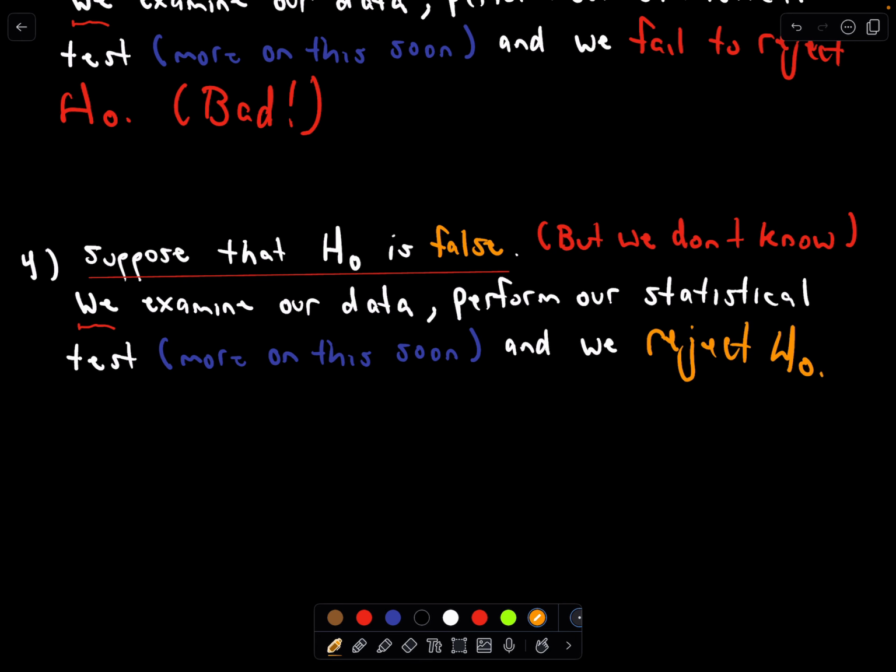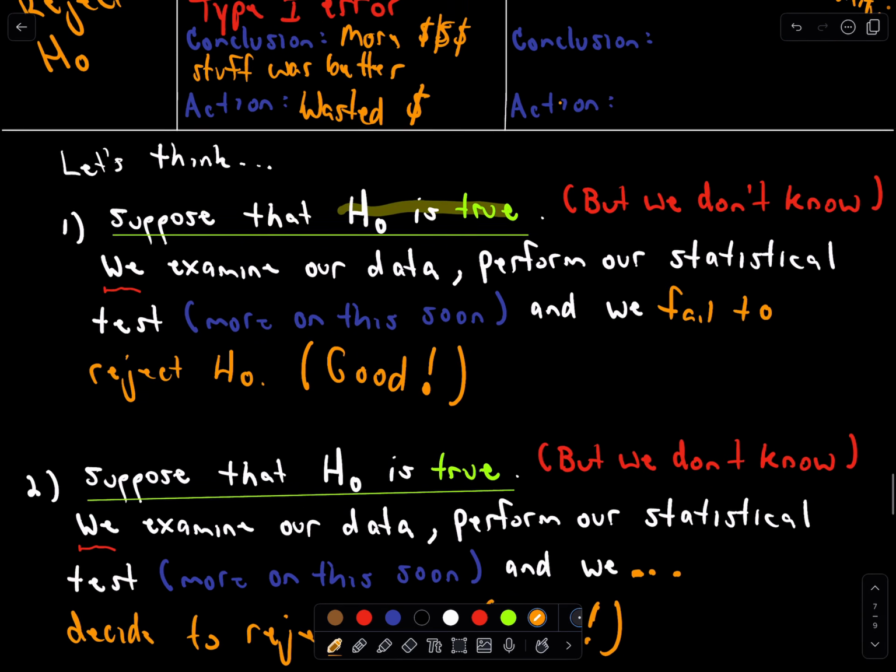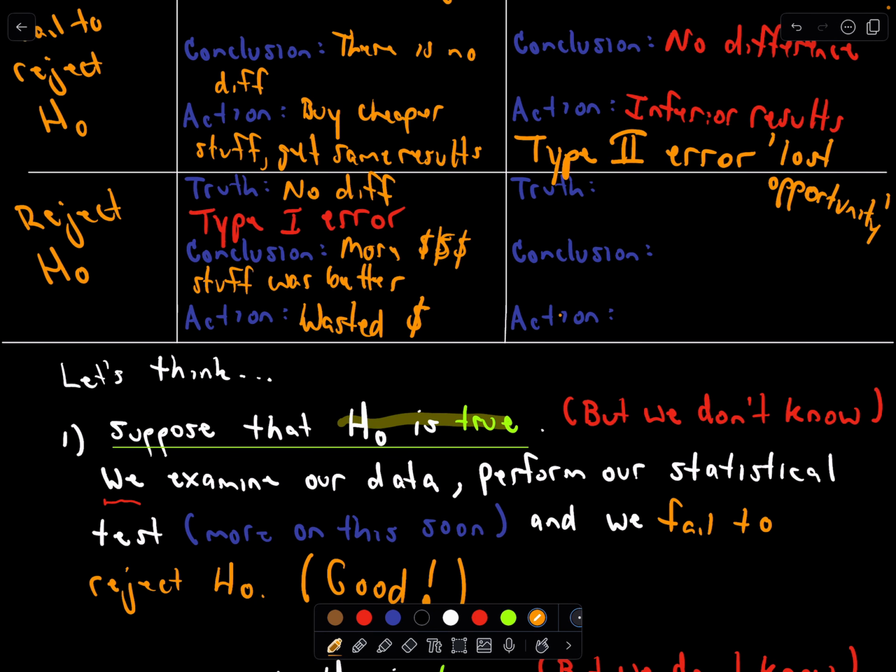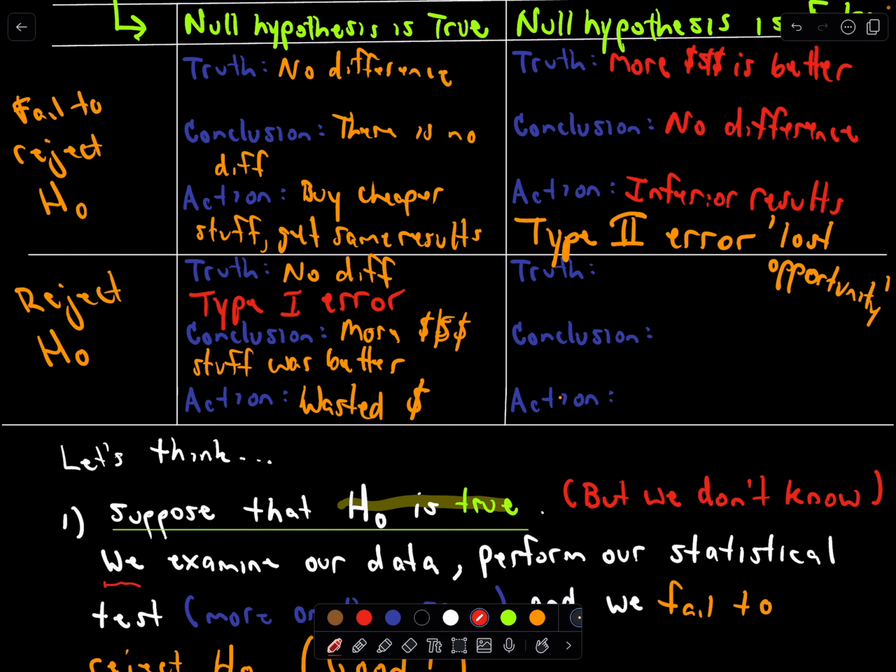All right, last but not least, suppose that the null hypothesis is false and we reject. Suppose we reject that null hypothesis. Well, in that case, that's good, right? It's not correct to believe that null hypothesis. Our data says, don't believe it, and we say, okay, we don't believe it. So what's happened? Again, the truth of the situation is the more expensive stuff is better. The conclusion that we came to in this case is that the more expensive stuff is better.